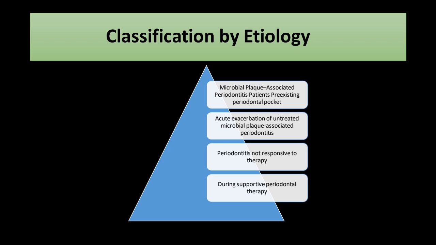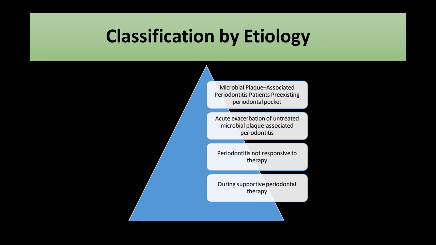Let's start with the classification or identification of periodontal abscess by its etiology. Now, we have been teaching you that dental biofilm is the primary etiological factor which initiates and aggravates any type of gingival or periodontal disease condition.